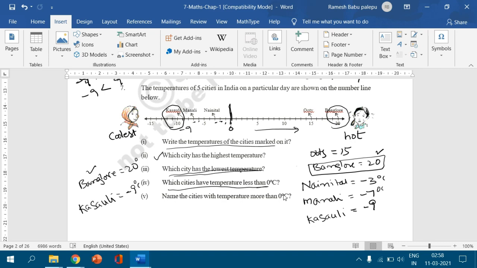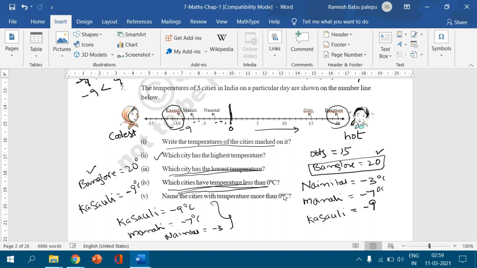The city's temperature less than 0. That means the less than 0 values are on the left side of the number line to the 0. That is, there are three cities. One is Kasuli, that is -9 degrees, and Manali, that is -7 degrees, and Nainital, that is -3 degrees.